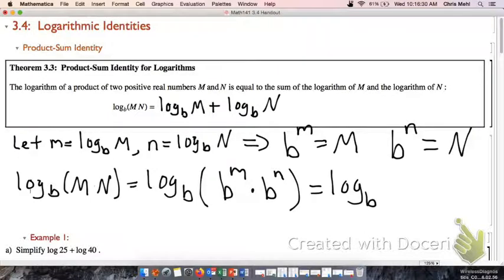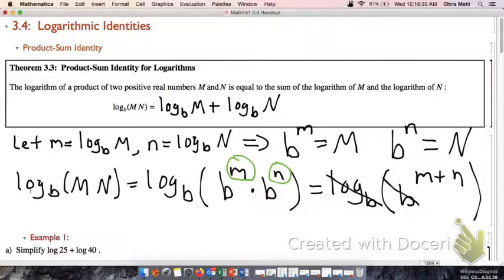Whenever you multiply things with the same base, I'm going to add these two exponents, which gives me log base b of b to the m plus n. And the way you can think of this is if I do log base b followed by exponential base b, those kind of undo each other because they're inverse functions, and I would just get the power m plus n back.